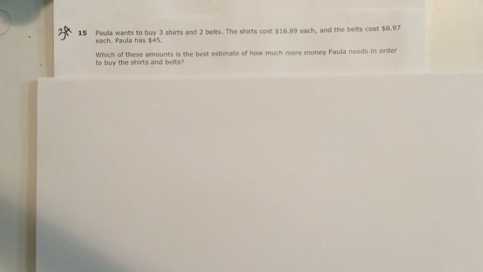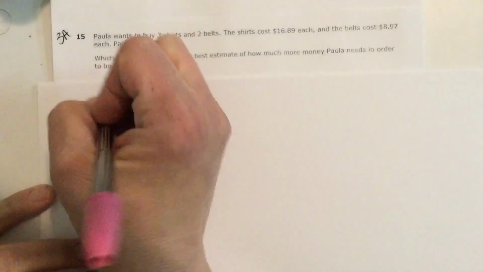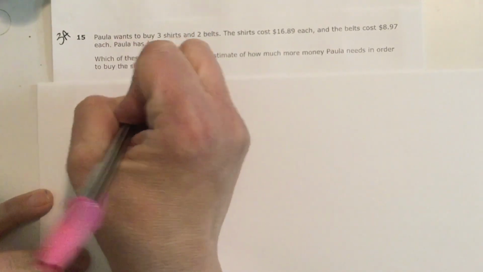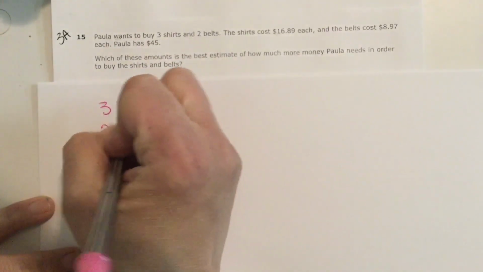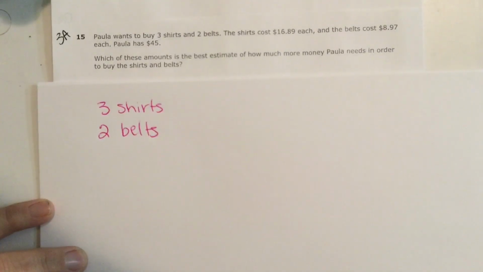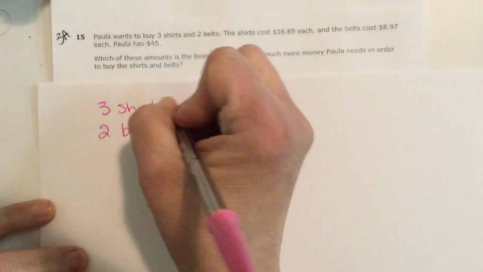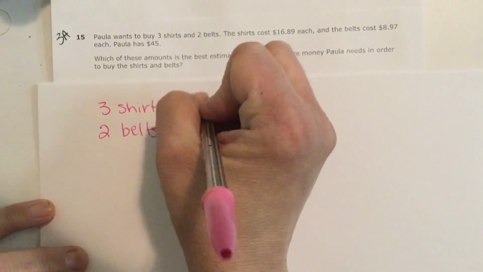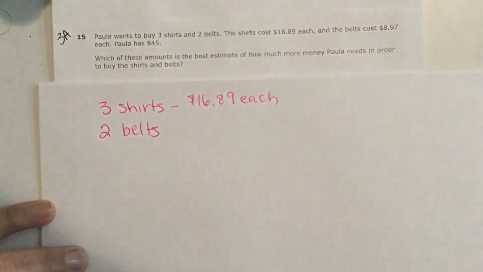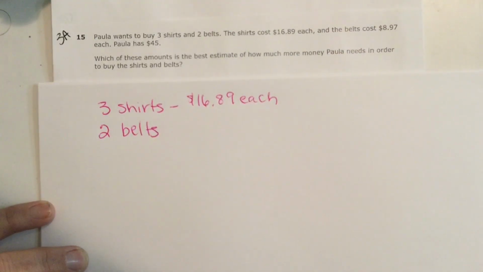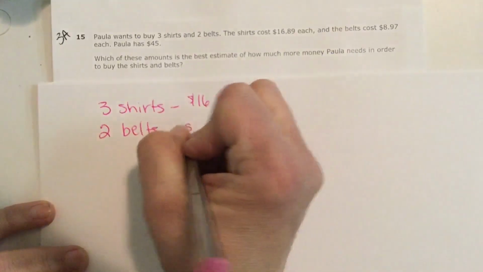Okay, so the first thing we need to do is we need to look at the information. So that's 3 shirts, 2 belts. The shirts cost $16.89 each. The belts cost $8.97 each.